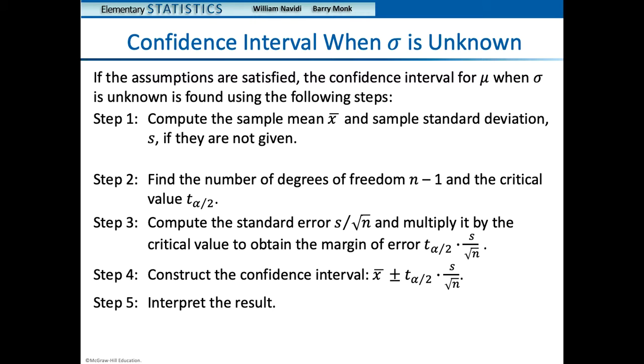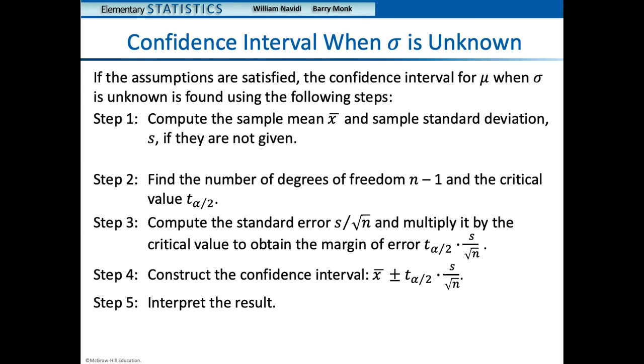First of all, we have to know the sample mean and the sample standard deviation. In some problems those values might be given. In other problems, you might just be given the raw data and you might need to calculate those values, right? But somehow you need to obtain those numbers. Step 2, find the number of degrees of freedom by subtracting 1 from the sample size, and then find the critical value, and you can do that by referring to table A3, like we just looked at.